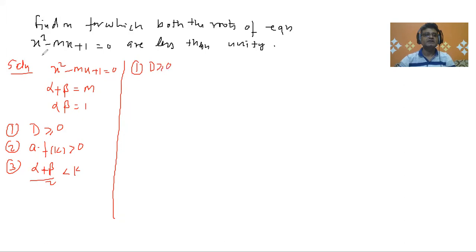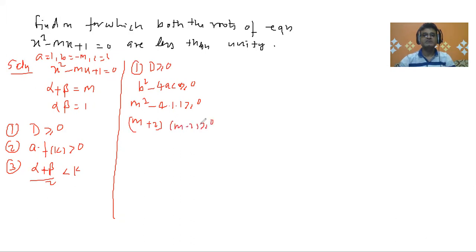Here a is 1, b is minus m, and c is 1. So b square minus 4ac should be greater than or equal to 0, meaning m square minus 4, which is m plus 2 into m minus 2 greater than or equal to 0. So m is from minus infinity to minus 2 union 2 to infinity. This is the first condition which you have to write down.